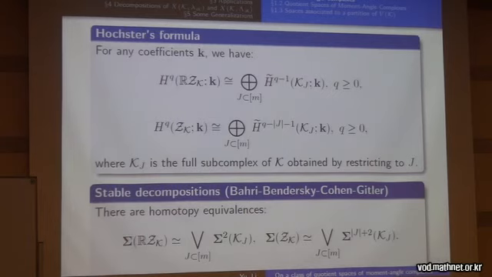And second, from the Tor algebra, we have this Hochster's formula, which can help you compute the cohomology groups of these spaces very easily.